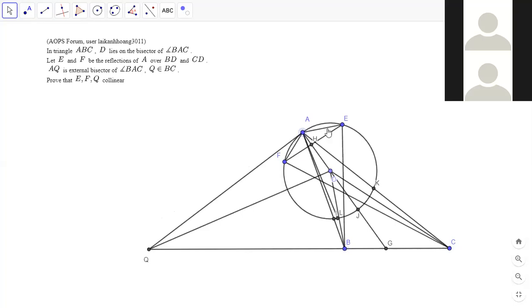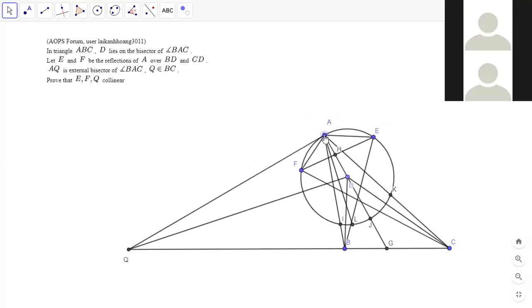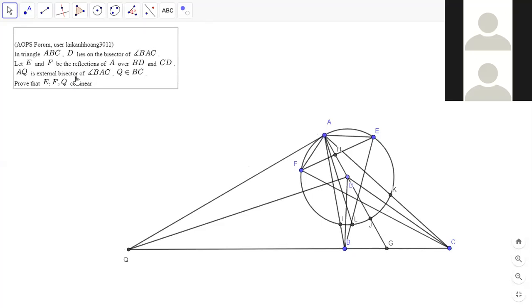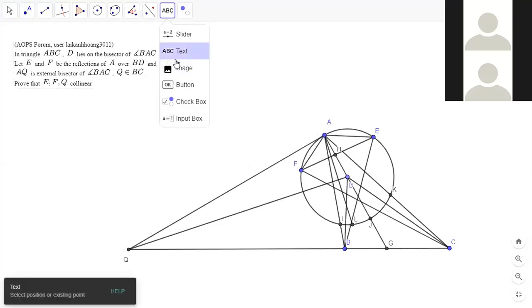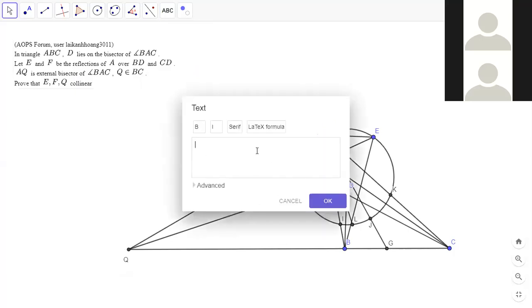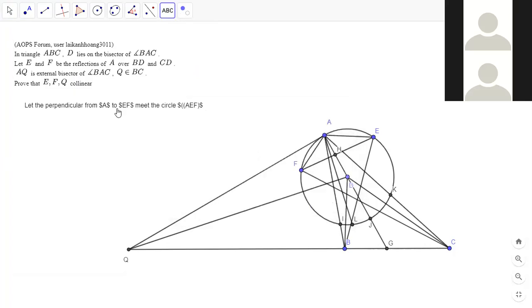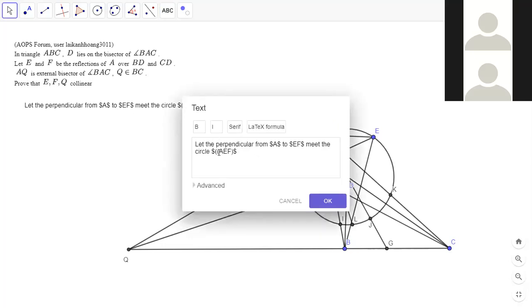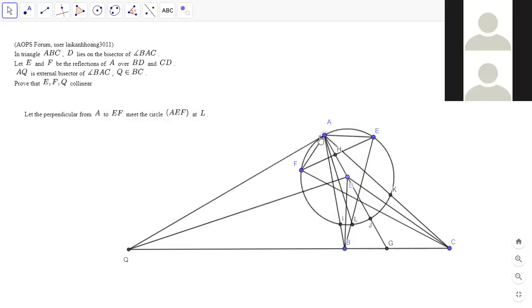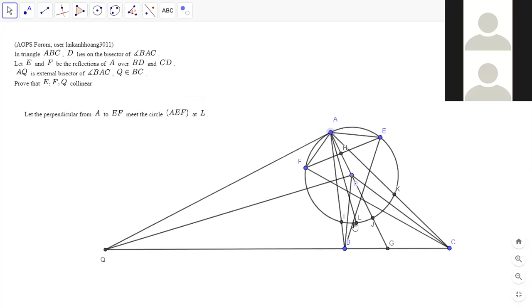Okay, so let the perpendicular from A to DQ meet the circle AEF at L. I keep thinking it's EF. That looks better. I don't want L to look like it's on this.